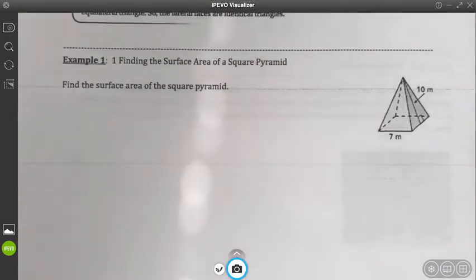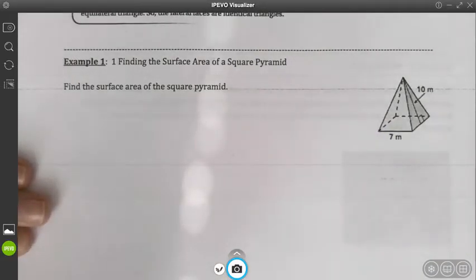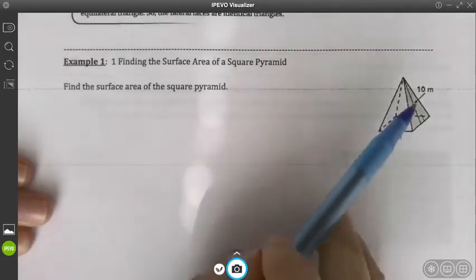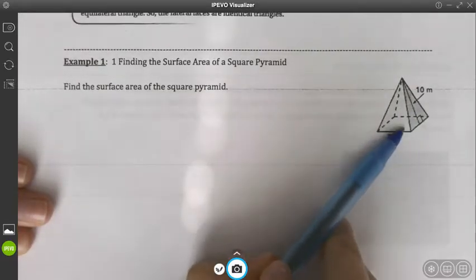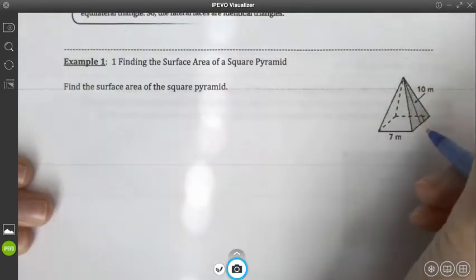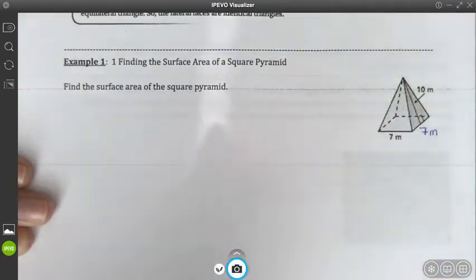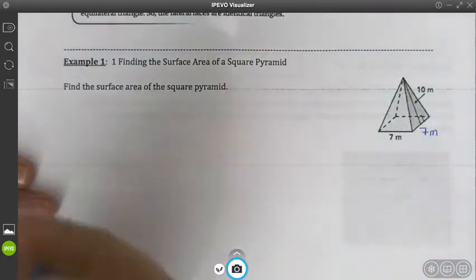So example 1, finding the surface area of a square pyramid, which means that this bottom is a square. So how many faces are there? I see 5 faces. There's 4 lateral sides and 1 bottom. Now, because I know that this bottom is a square, I'm just going to mark this as 7 meters as well, because squares have equal sides.